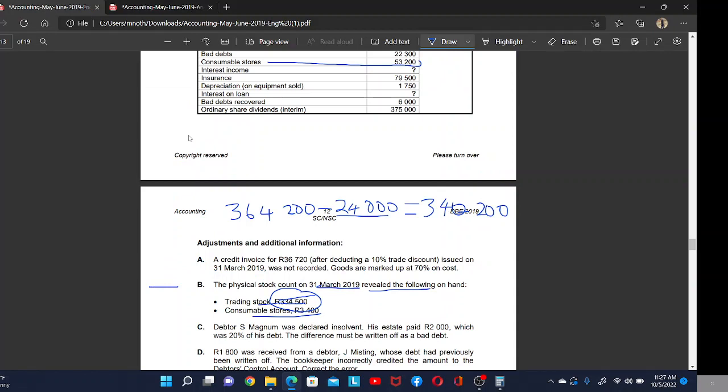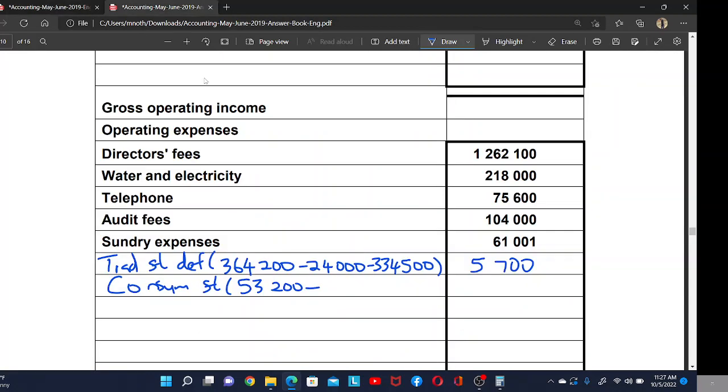To get the consumable stores used, you take the money in the trial balance and then you subtract the consumable stores on hand. Then you are going to get the money for the income statement. So we're going to subtract 3,400, so it's 49,800.